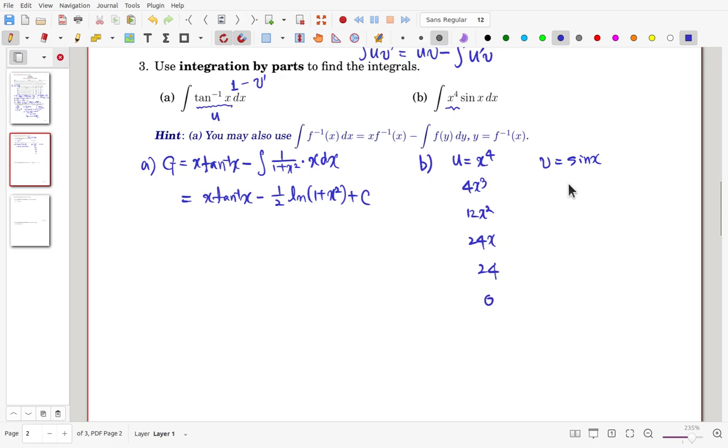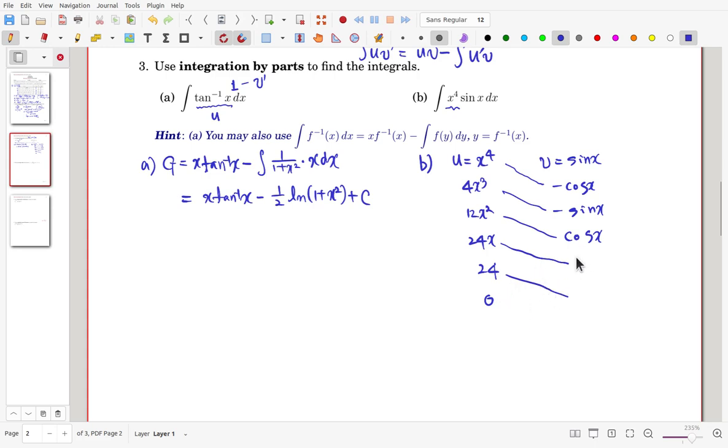The antiderivative of sine x is minus cosine x, its antiderivative is minus sine x, and its antiderivative is cosine x. We'll use this one along with that multiplication, this multiplication, that multiplication, again here and again here, like that. Because it's 0, we stop here.